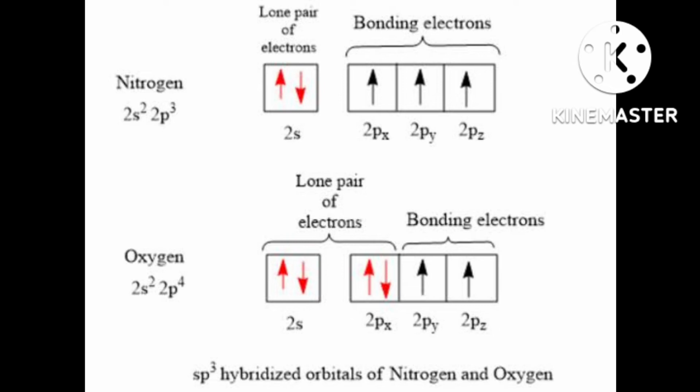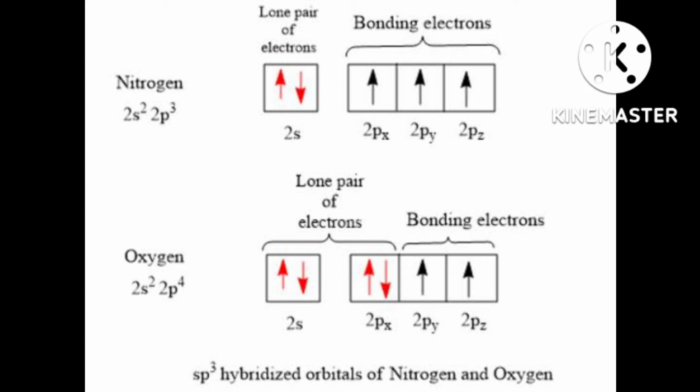Now s and p mix and form sp hybridization: one 2s orbital and one 2p orbital get hybridized to form 2 sp hybridized orbitals.